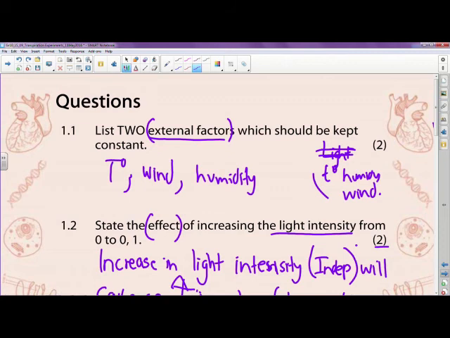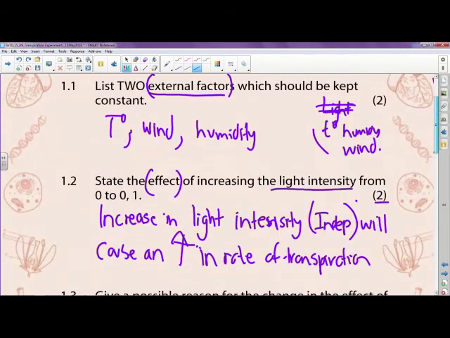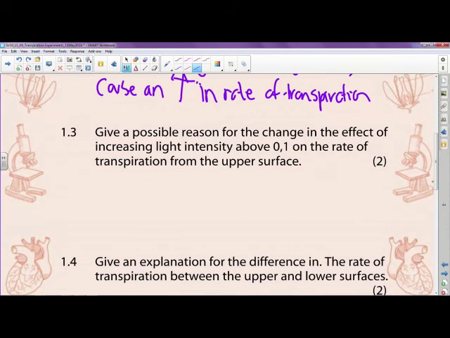Okay, the next question. Give a possible reason, possible means a probable, it must make sense, for the change in the effect of increasing light intensity above 0,1 on the rate of transpiration from the upper surface. Now let's go back here.